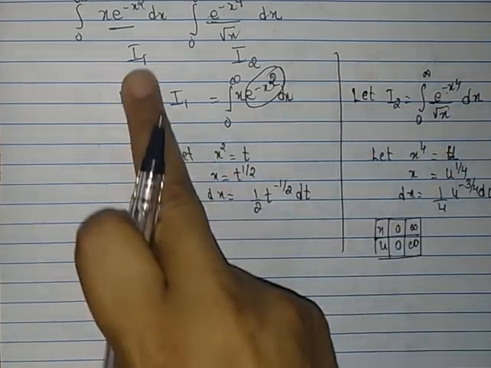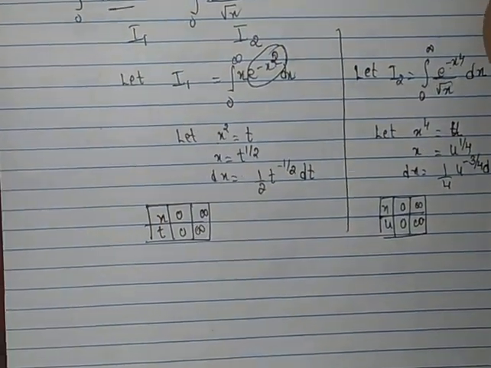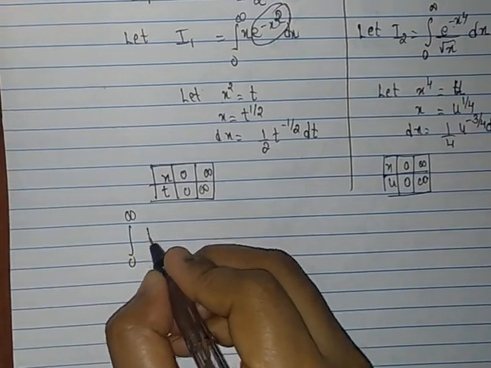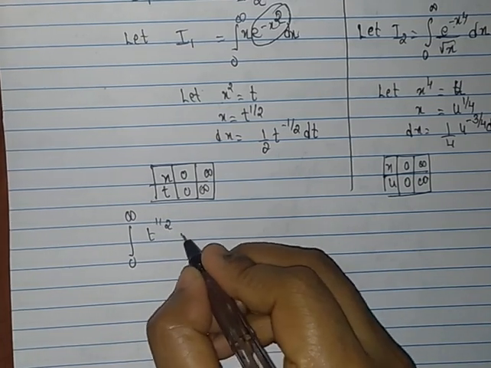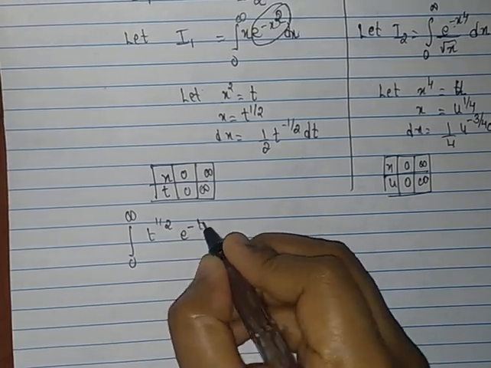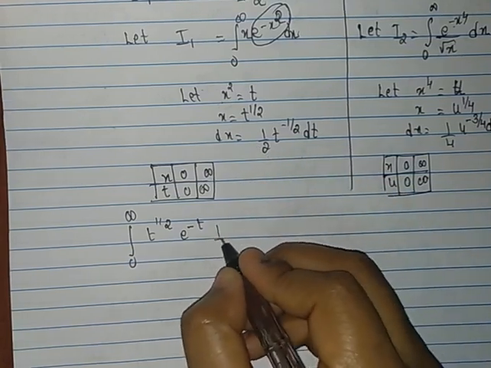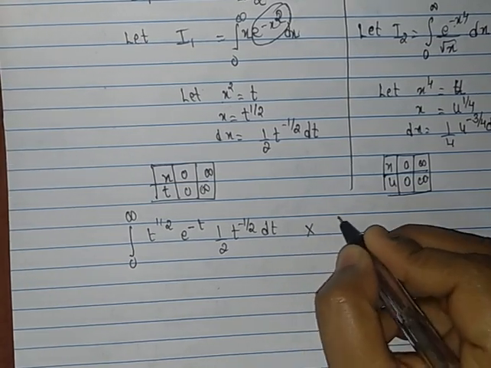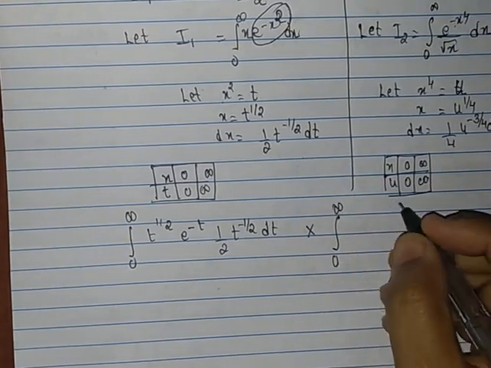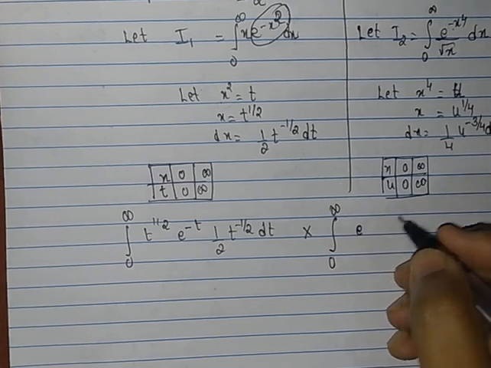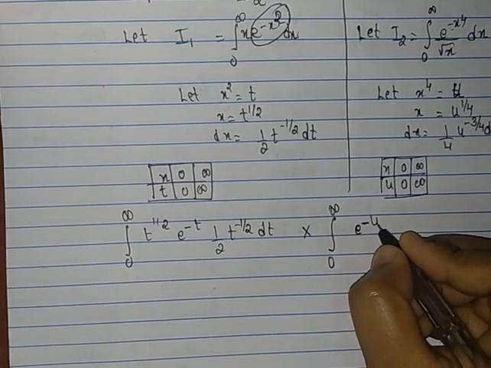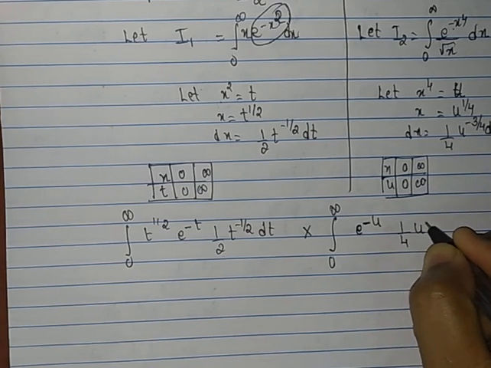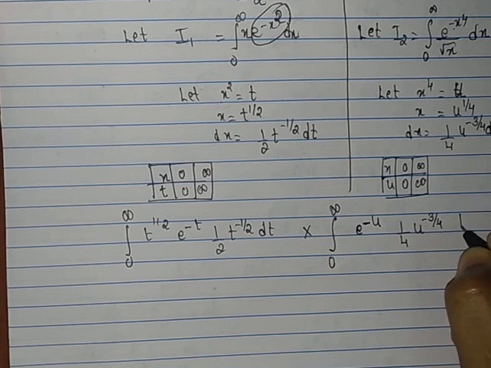Now my integrals I1 and I2 turn out to be of the manner: integral 0 to infinity, the value of x is t raised to half, e raised to minus t, and the value of dx here turns out to be half t raised to minus half into dt, into my I2, which will be 0 to infinity e raised to minus u, where the value of dx turns out to be 1 by 4 u raised to minus 3 by 4 into du.